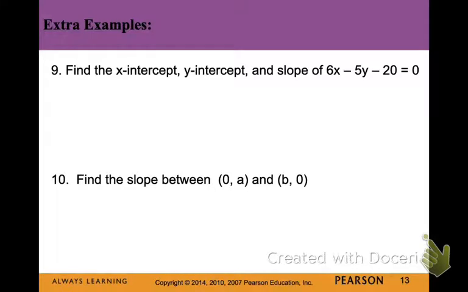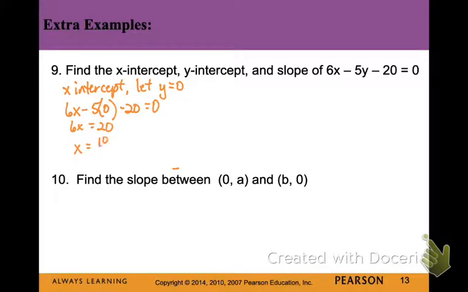On number 9, we're going to find the x and y-intercept and the slope. So you know I like to find the intercepts first from general form. So I'm going to let y equal 0. So I have 6x minus 5 times 0 minus 20 equals 0. So solving for x will equal 10/3.